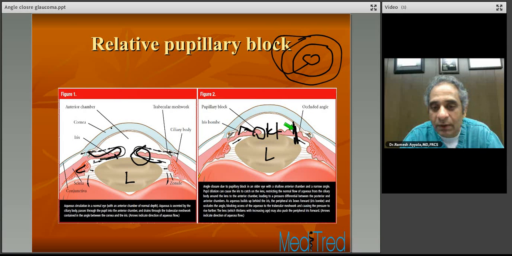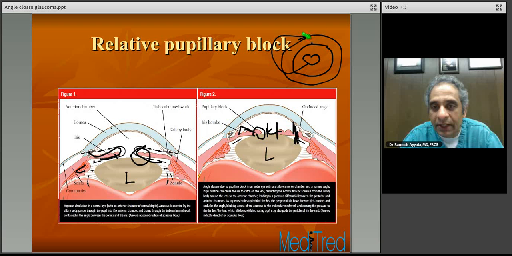The other reason why we try not to dilate is that the treatment for angle closure glaucoma, as you know, is performing an iridotomy, which is to create a hole in the iris, say somewhere here.